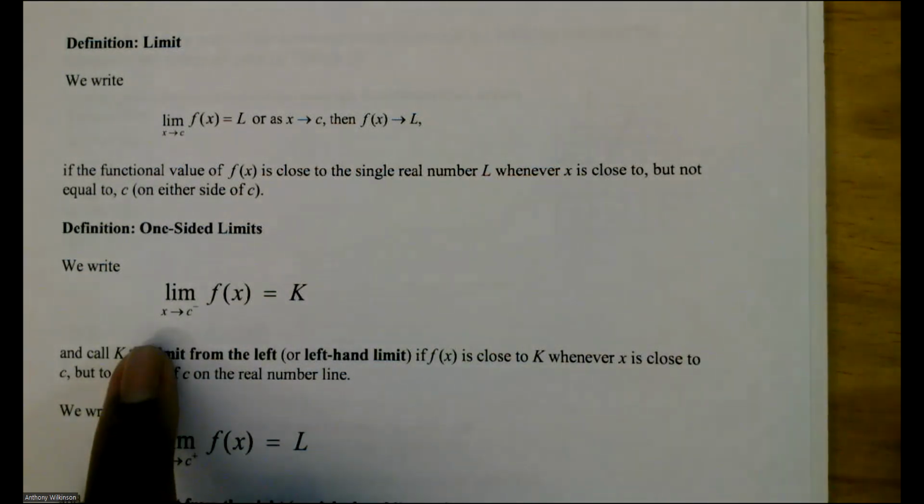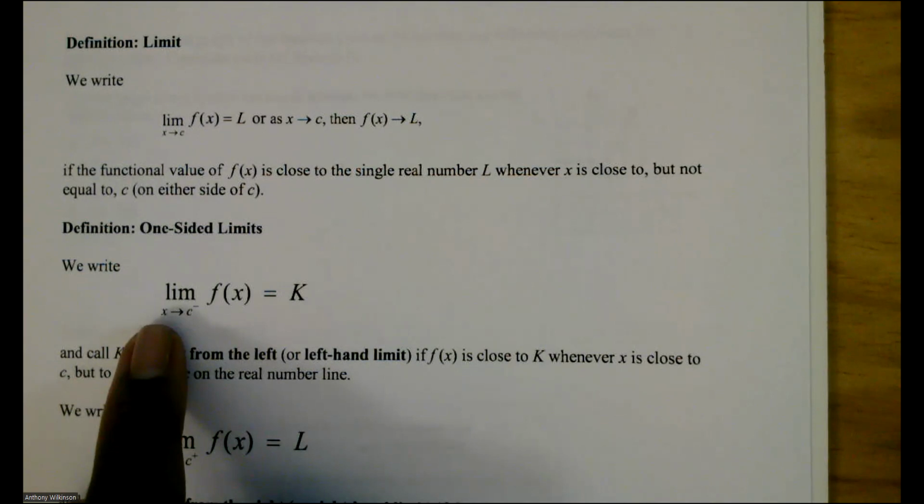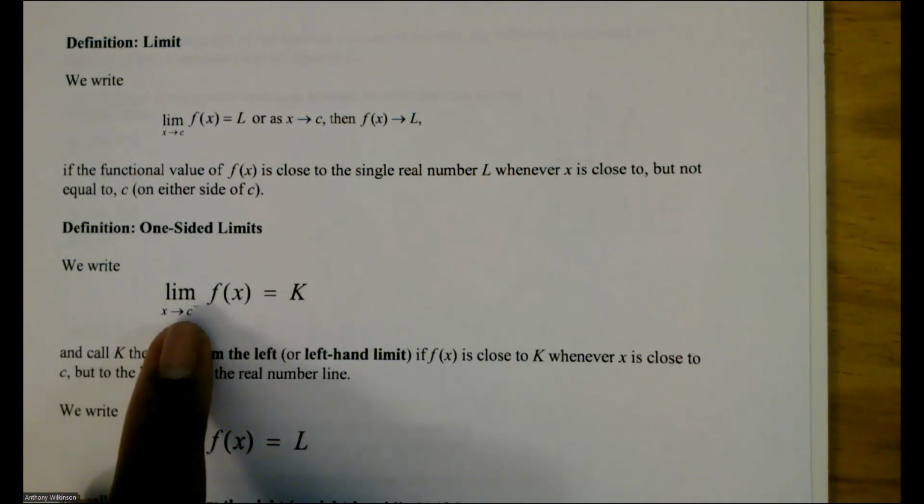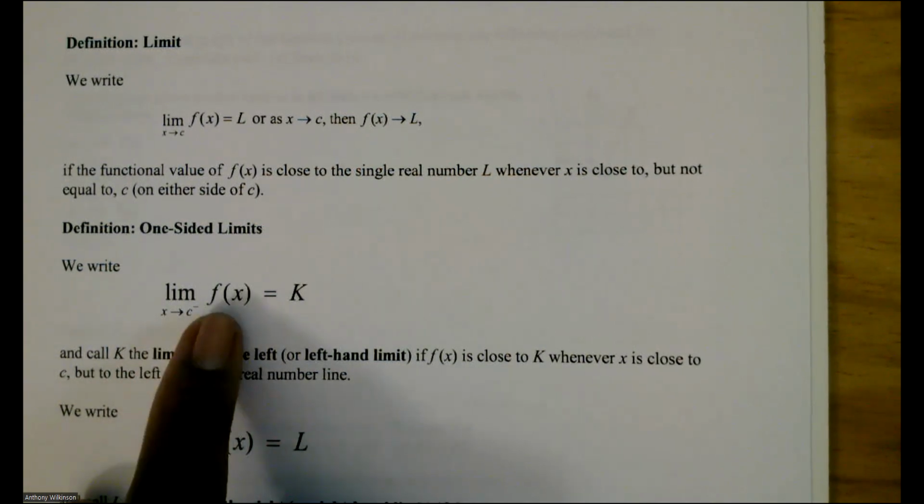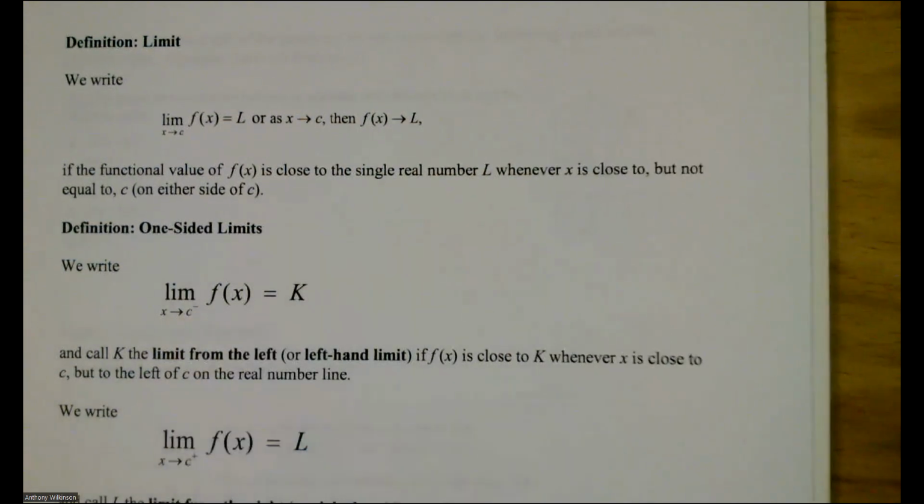So here we write this: the limit as x approaches some constant c from the left of the function f of x would be k, and we call k the limit from the left or left-hand limit if f of x is close to k whenever x is close to c, but to the left of c on the real number line.